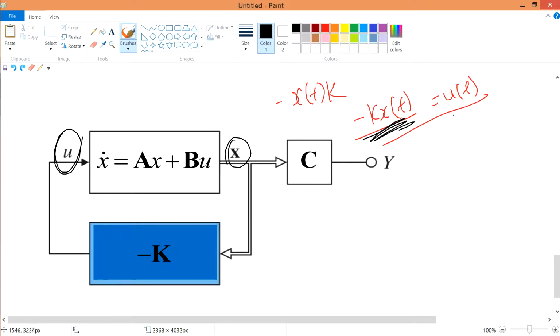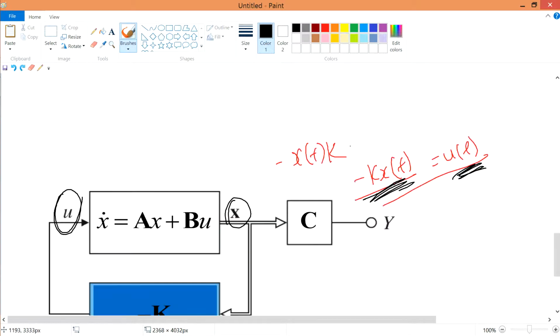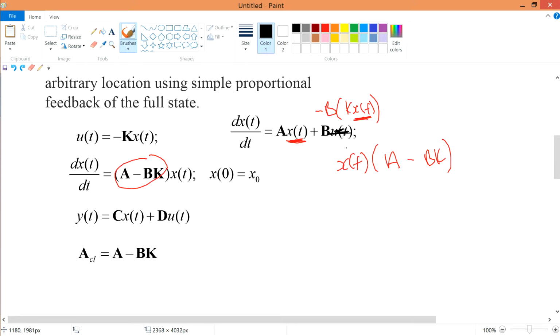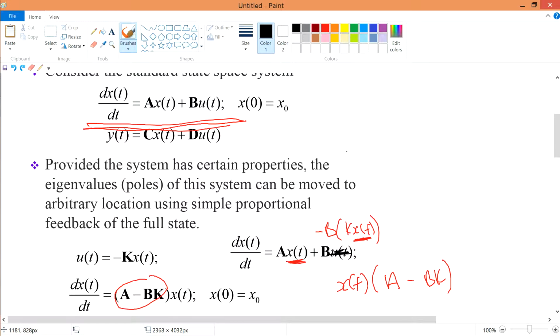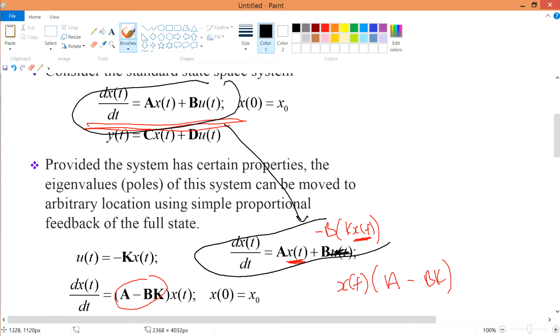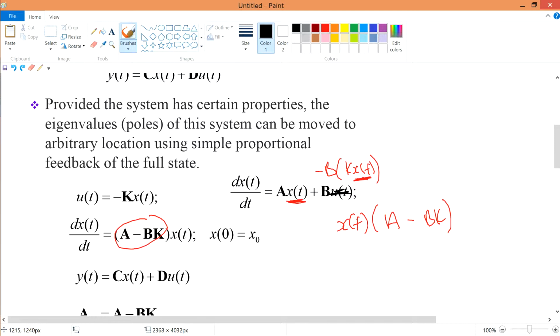This tells us that the input to this transfer function is this one, so we can simply sub it back into our u(t). I bring this whole expression down. Now Ax(t) plus Bu(t), and we know that u(t) is simply minus kx(t).